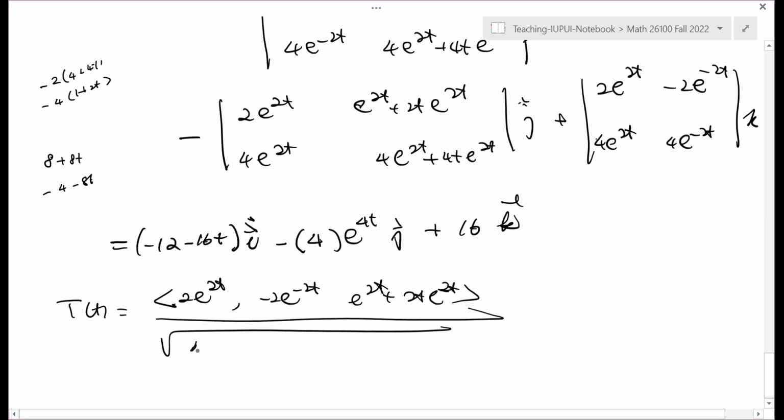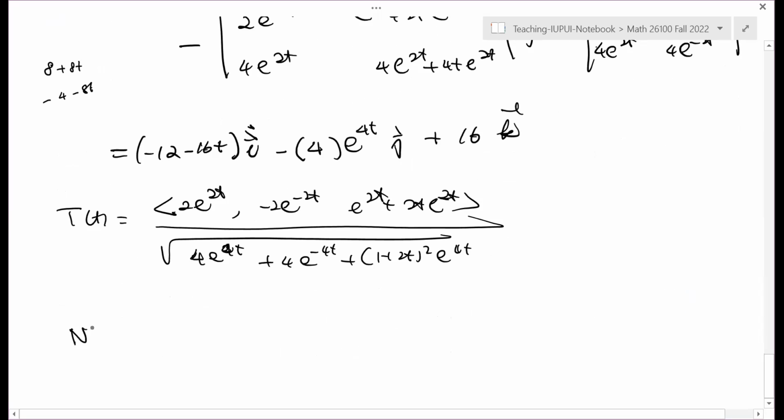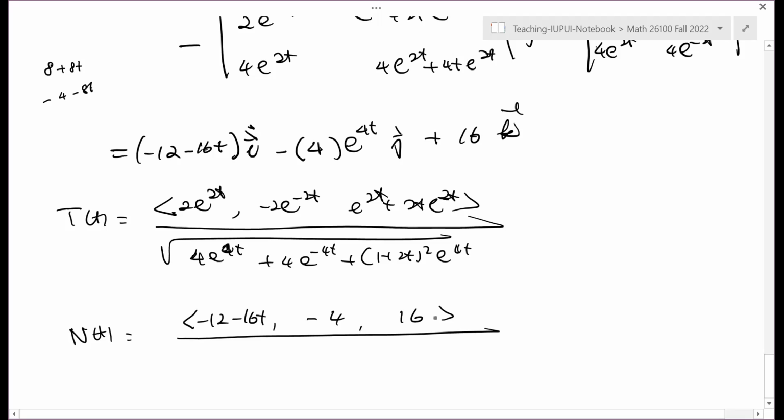And that will be 4e to the 4t minus 4e to the negative 4t plus 1 plus 2t squared e to the 4t. So I started to simplify it further, but the cross product looks much simpler if you want to use this vector notation.